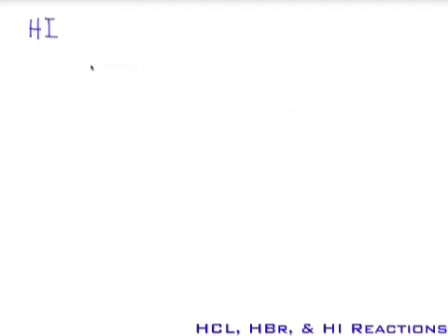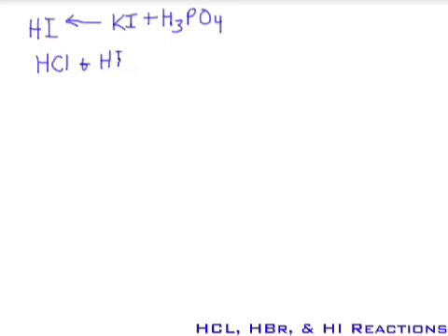We don't go to a bottle and get HI very often. Usually you make HI by reacting potassium iodide with phosphoric acid. And the HI will form and be used in the reaction. Now, HCl and HI always only give Markovnikov addition.